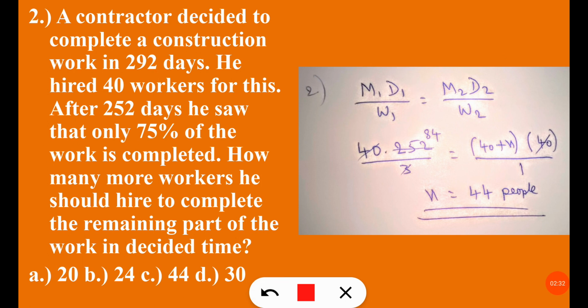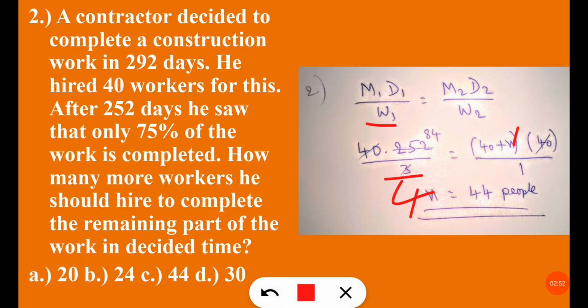m1, how many workers are there? 40 workers. The number of days completed is 252 days, among 292 days, and the work that has been completed is 3 by 4. And m2 is 40 plus x. We are supposed to find the additional number of workers to be hired.